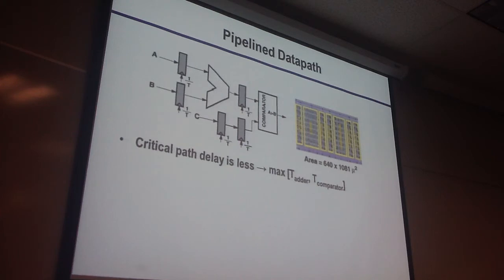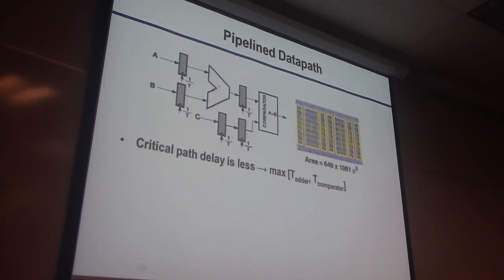What we're going to do is insert flip-flops in between. So now the adder has 1 T to finish, and the comparator has another T to finish the job. Okay? So before, the adder plus the comparator was 25 nanoseconds. Now, because I'm inserting another cycle in between, this guy has more time to finish. Okay? So we do the same exact thing.